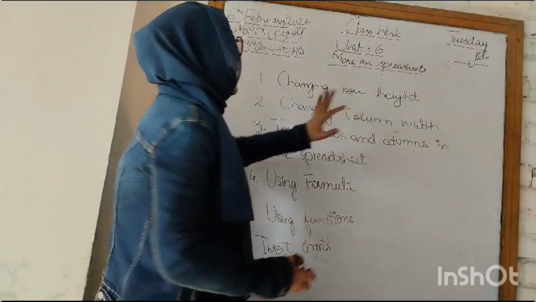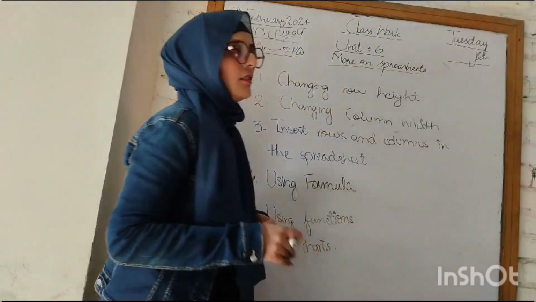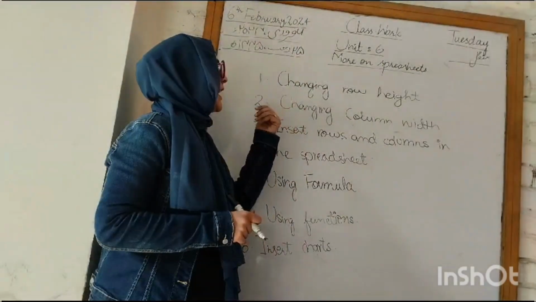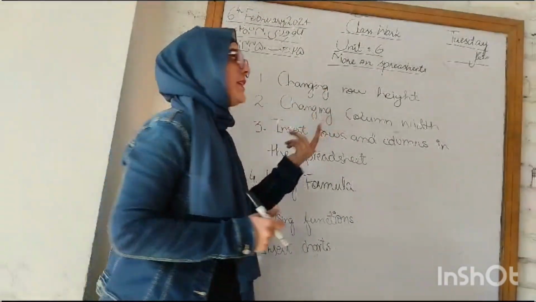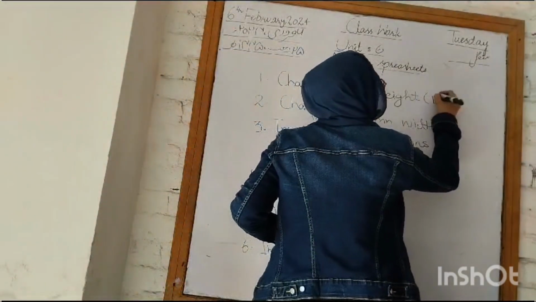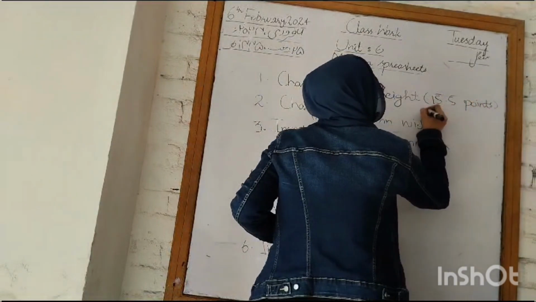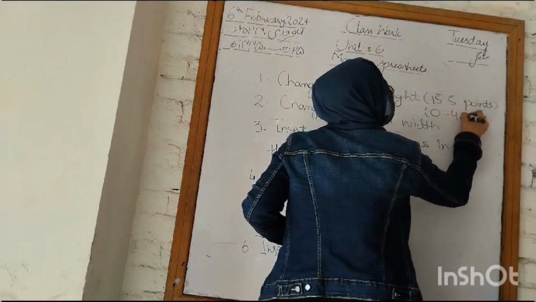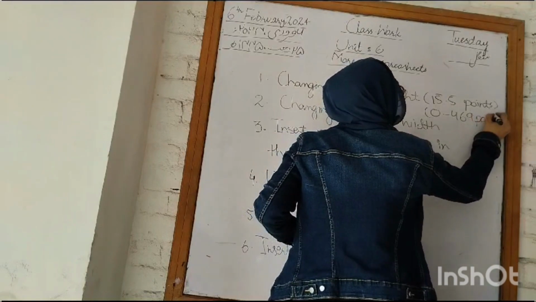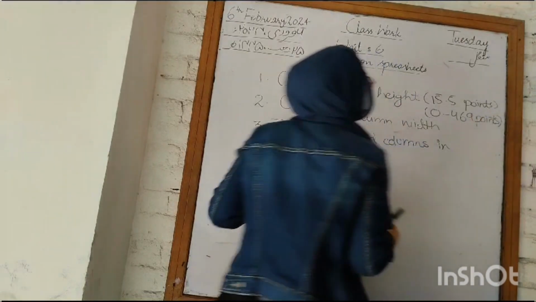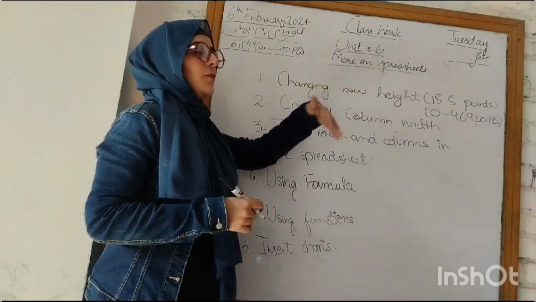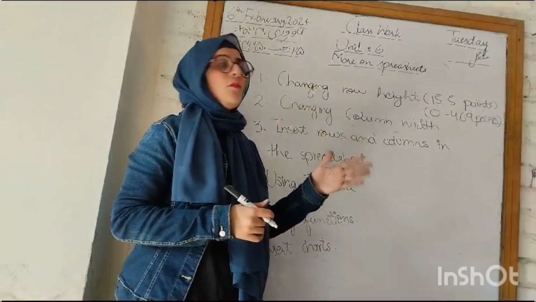So changing row height: we have discussed earlier that the default row height is 15.5 points and the range is 0 to 469 points. We do it because we want to improve the appearance of our sheets.